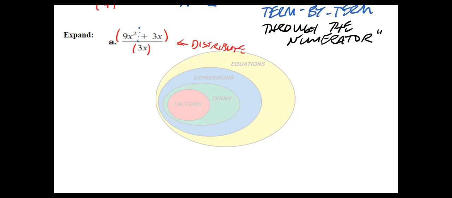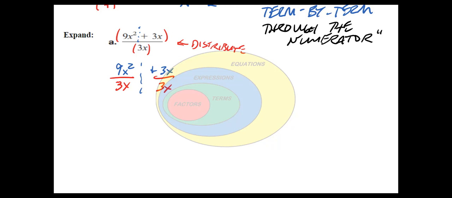We rewrite each term, 9x squared, in the numerator and divide by 3x. Then the second term, plus 3x, and we divide that by 3x. So we're distributing the denominator to both terms, just like distribution of any other factor.